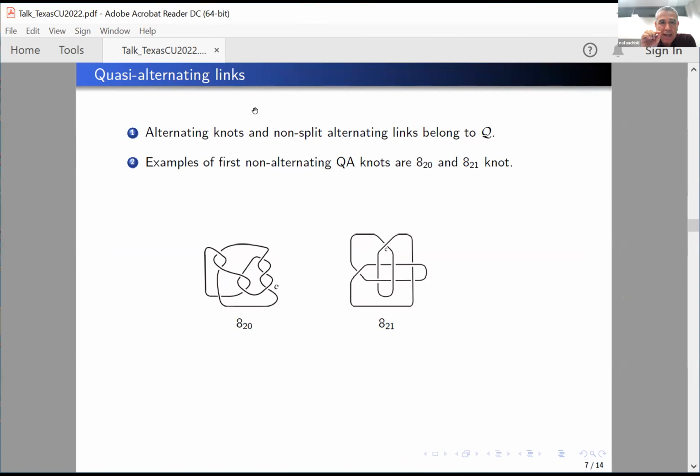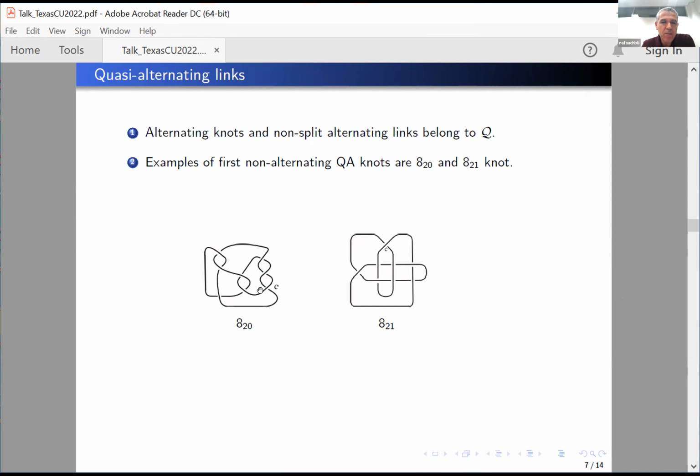The first examples of non-alternating quasi-alternating knots are 8_20 and 8_21 that we have seen in the table. 8_19 is not, because it is a torus knot, so it is not quasi-alternating. But for 8_20 we can find a diagram and a crossing, labeled here by C. If you smooth at this crossing, you will get one knot and one two-component link, which are already quasi-alternating, indeed alternating.